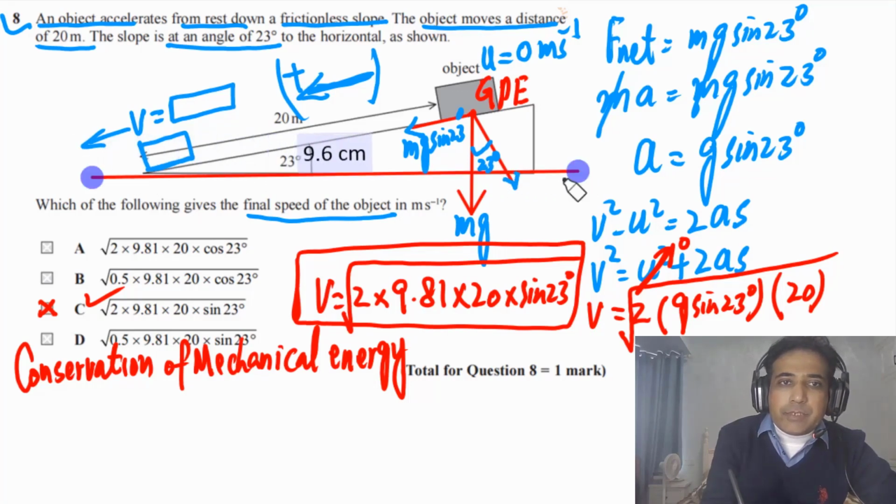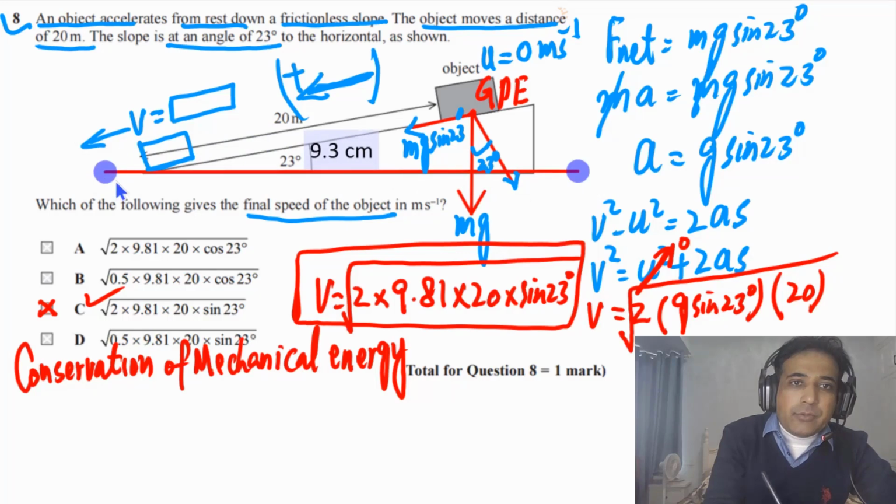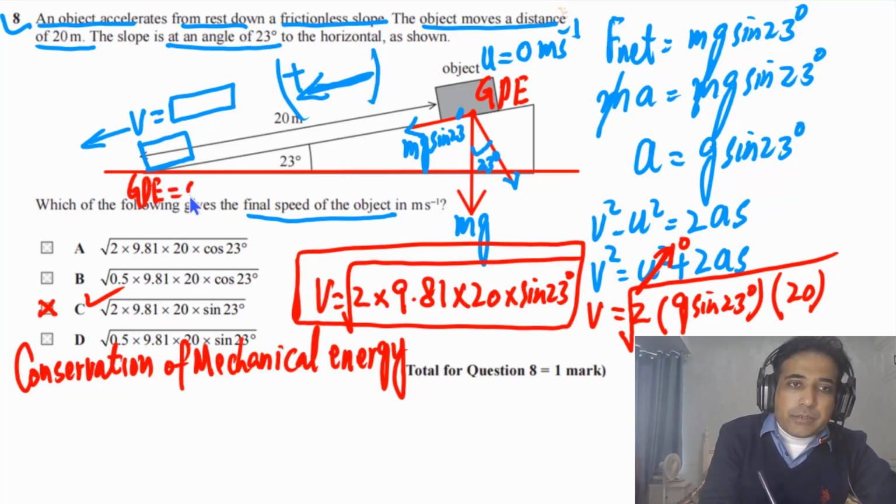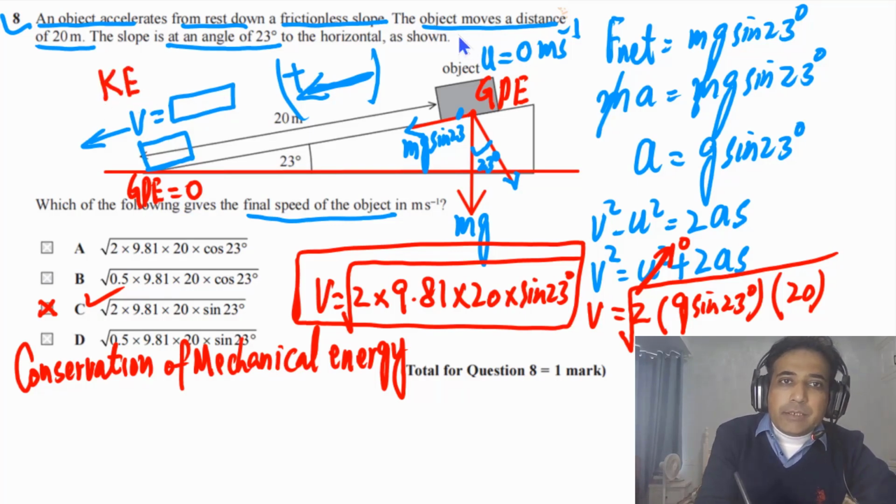So this is our reference line, meaning the GPE at this level is equal to 0. At this point, the object will have kinetic energy, and here the kinetic energy of the object is equal to 0.